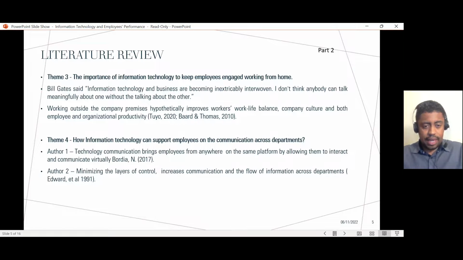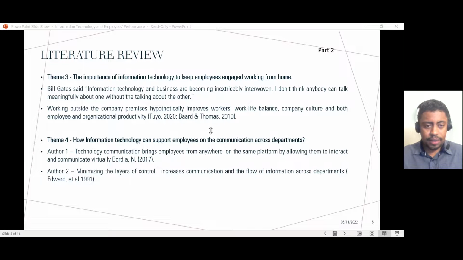Theme three is the importance of technology to keep employees engaged. Bill Gates said, information technology and business are becoming inextricably interwoven. I don't think anybody can talk meaningfully about one without talking about both. Especially during and after the pandemic, without technology, we wouldn't be able to work from home.